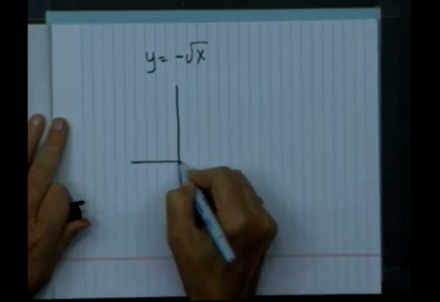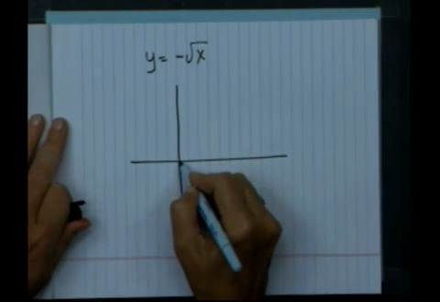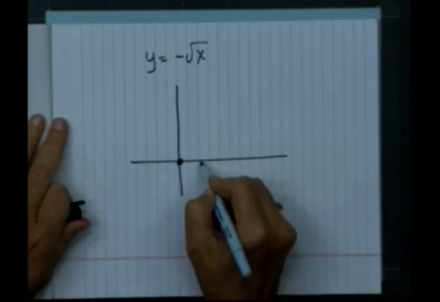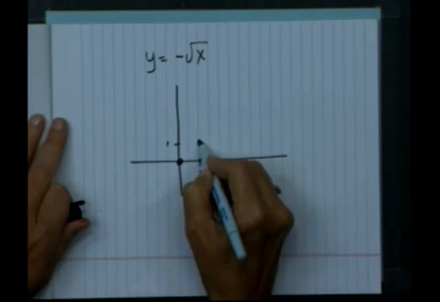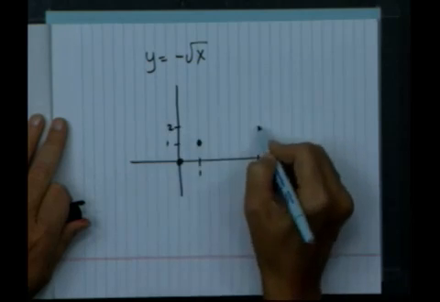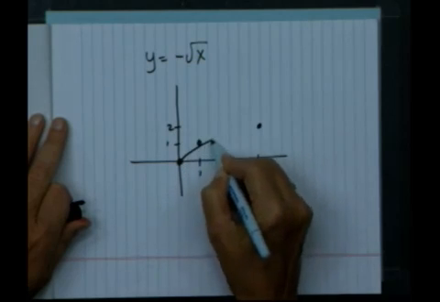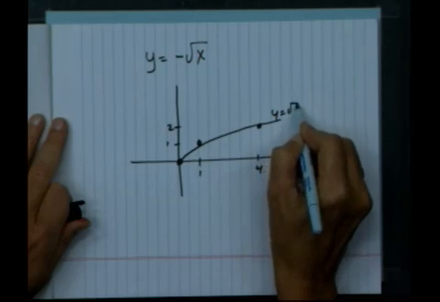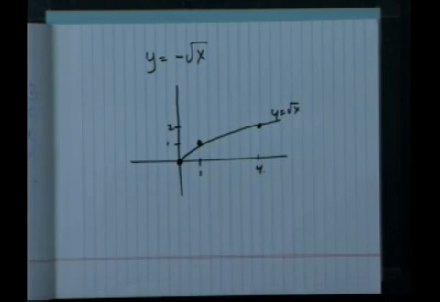Your basic function is y equals square root of x: 0, 0, 1, 1, 4, 2. That's y equals square root of x. This negative in front, that's still like a vertical stretch or compress.